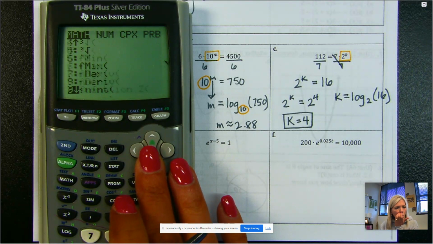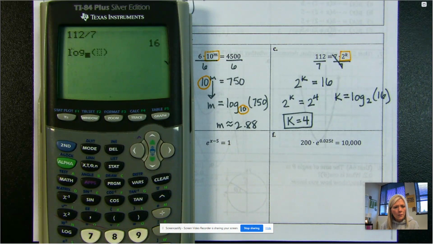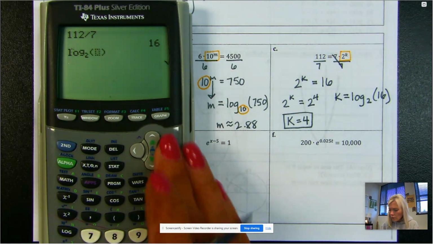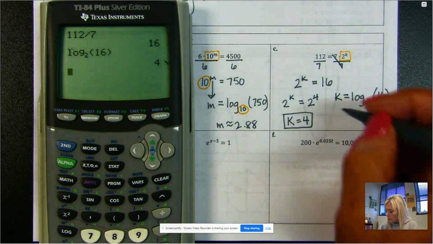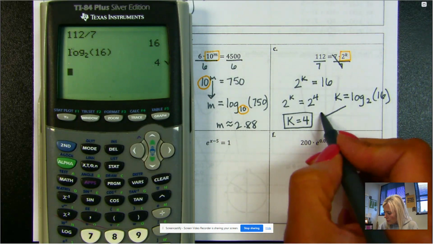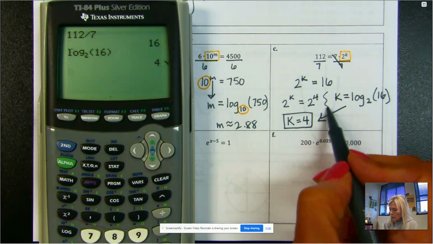You just hit the math button and find the option for log base, and then fill in the spots. Log base 2 of 16 is 4. So either way, you get an answer of 4. The strategy is up to you.